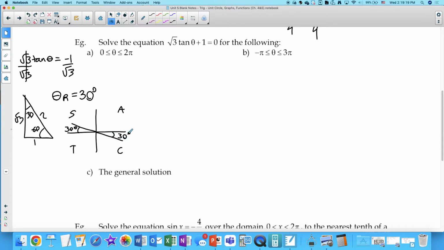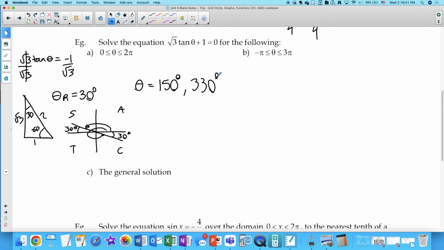Okay, which means that my principal angle starting at the initial arm is 150 degrees. Or if I go all the way around, 330 degrees. Okay. Now, that's not the solution to this equation because we're in the wrong units. So at this point, we have to switch to radians. But it's helpful, I think, to think about this over one rotation.